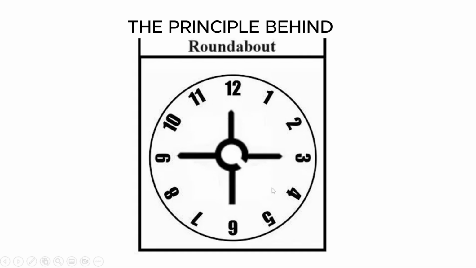Okay, now the principle behind this is that if you're exiting the roundabout anywhere from 6 o'clock to 12 o'clock, you have to enter it from the left hand lane of the roundabout. I'll take that again.